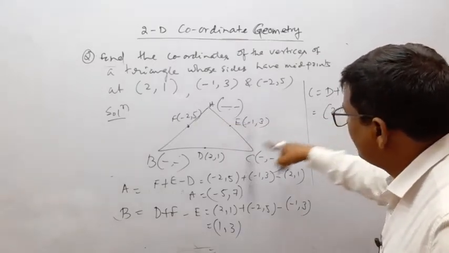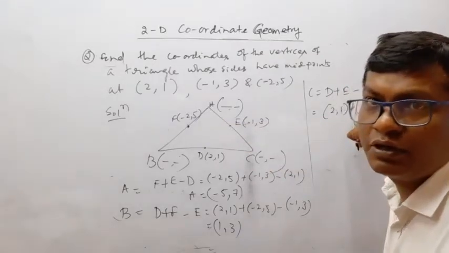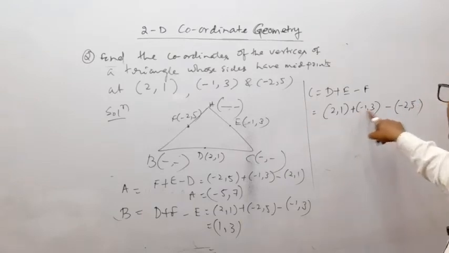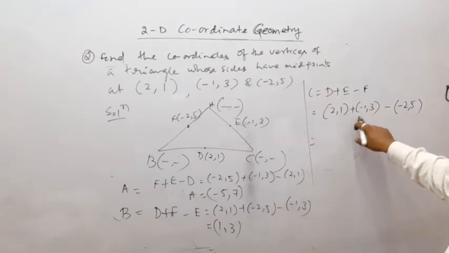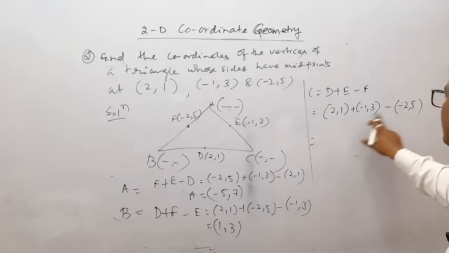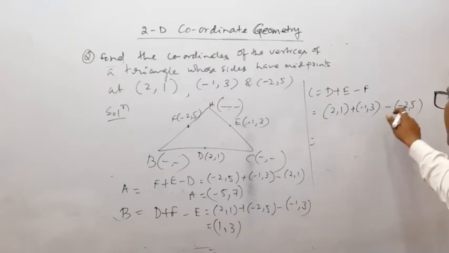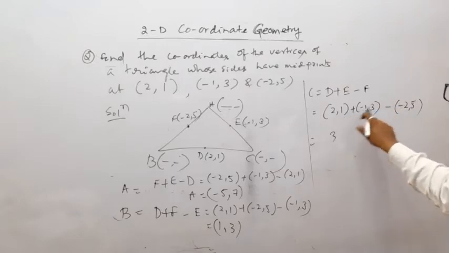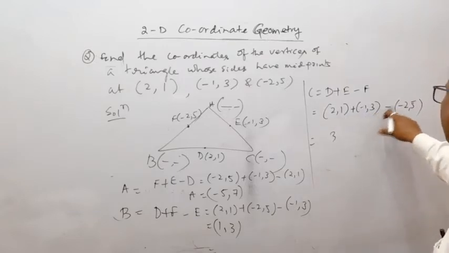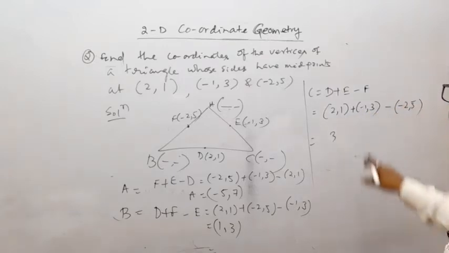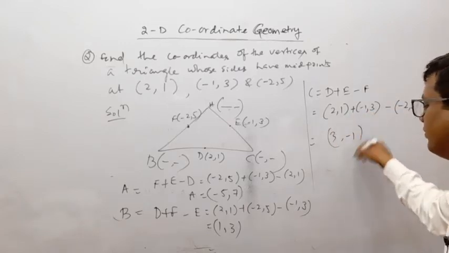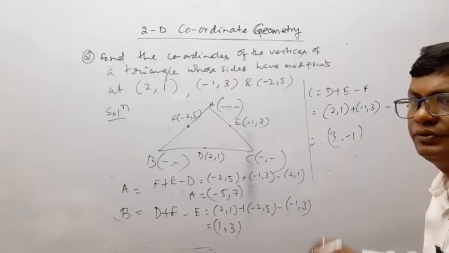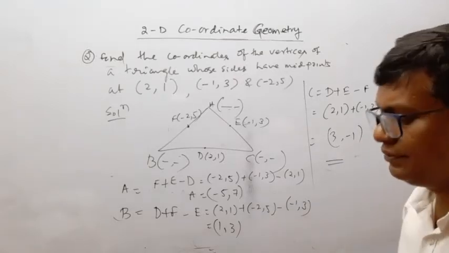So 2 minus 1, 1 plus 2, 3, 1 plus 3, 4 minus 5, that is minus 1. This is point C. These are the vertices.